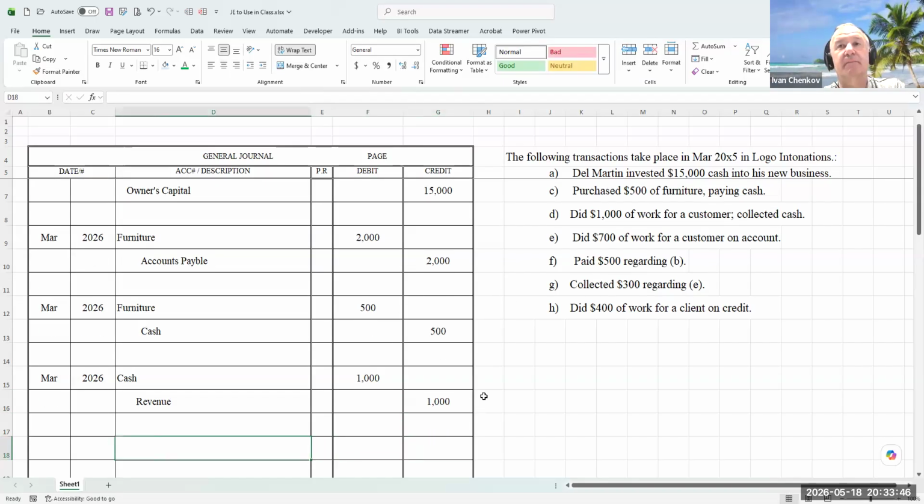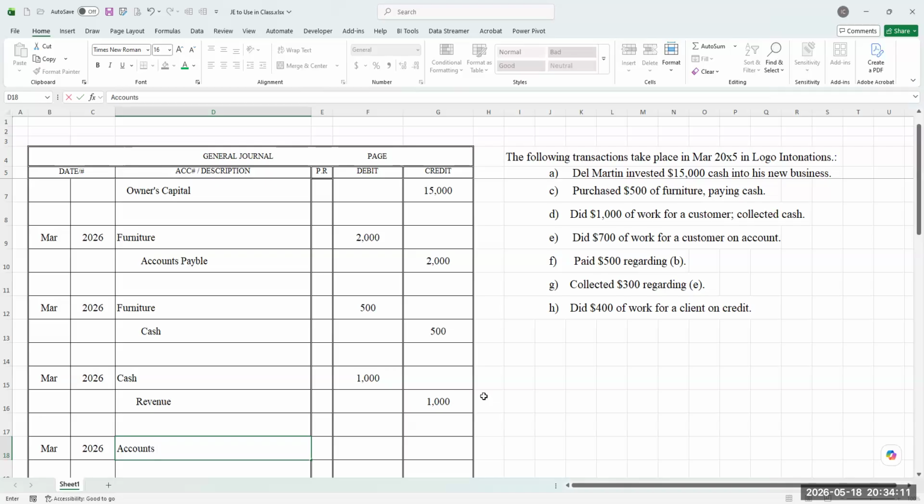Let's go with the next one. Now we still provided the work for the customer, but did the customer pay this time? No. So what do we get now? A promise from the customer that he's going to pay later. What will that be? Asset. Which asset? Accounts receivable.